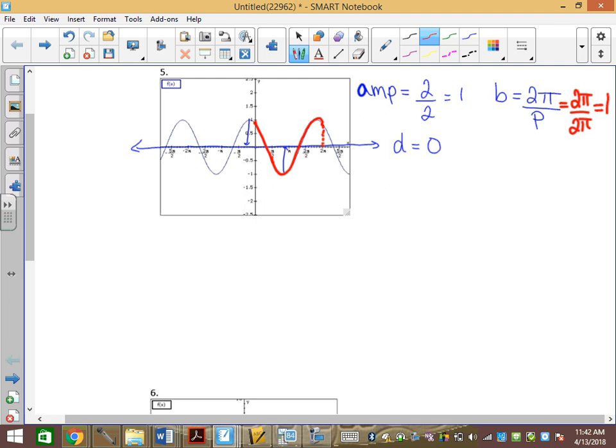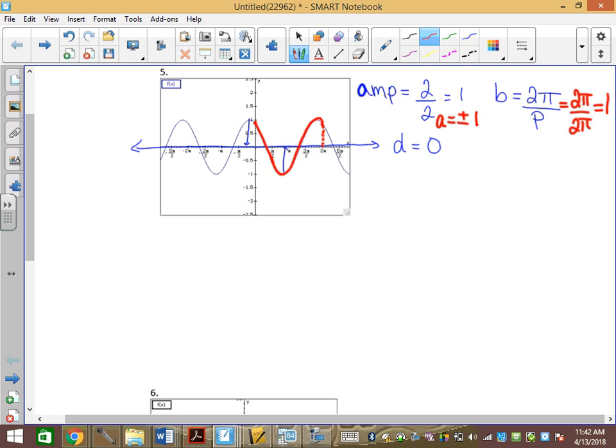We have B, and we have D. Our amplitude is 1. Our amplitude is always positive. Is our A always positive? No. Off an equation, we always say take the absolute value of A to get your amplitude, because amplitude is always positive. We agree? So our A could actually be positive or negative 1. Okay? So we're going to get 4 different equations from this graph that we could possibly have.